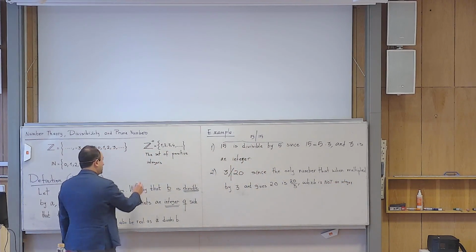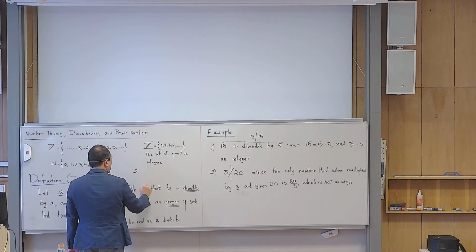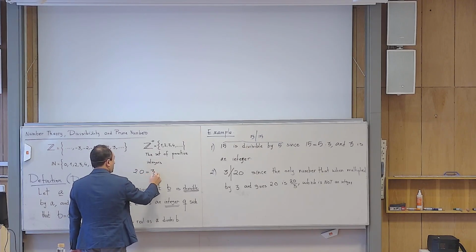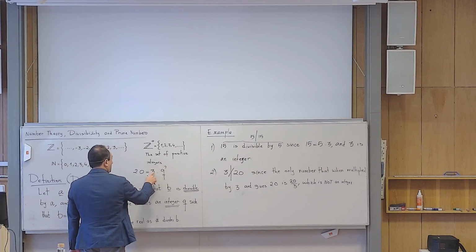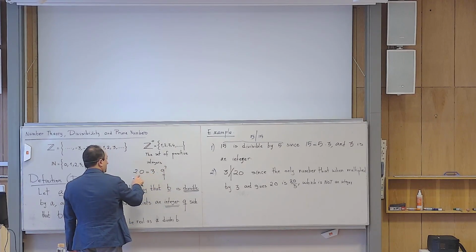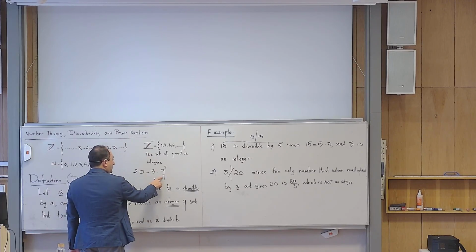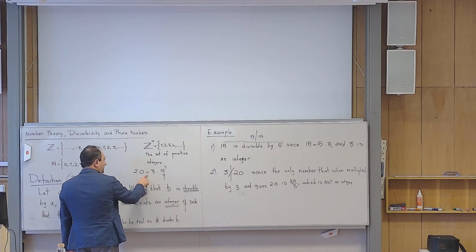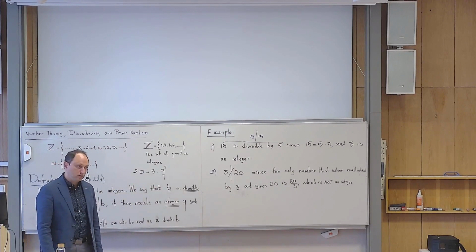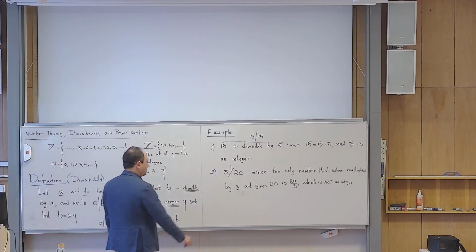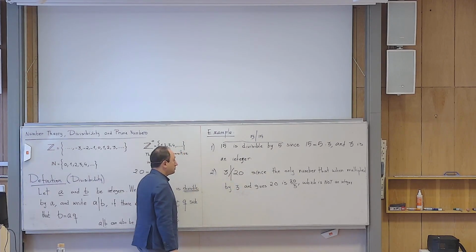So do you agree? If I want to make this right, 20 on the left, 3 on the right, and I ask you, can you give me a number so that when being multiplied by 3 gives me 20, there is only one number that satisfies this equality, and that number is 20 over 3, which turns out not to be an integer. So that is the reason that 3 does not divide 20.